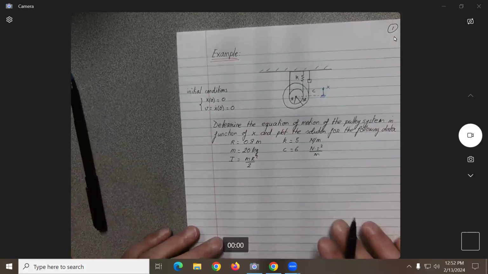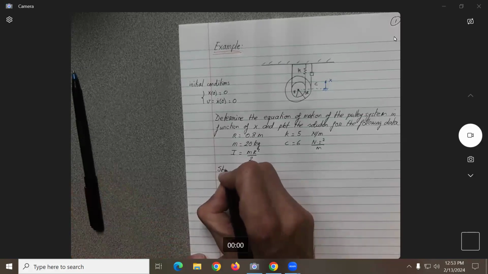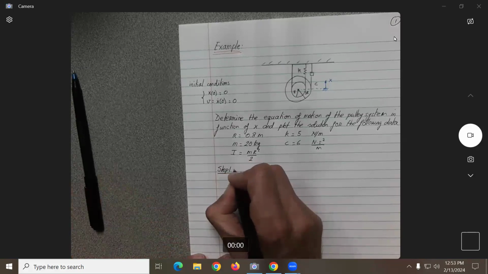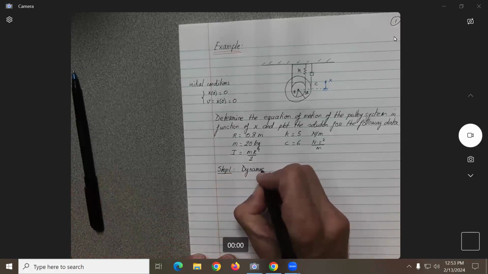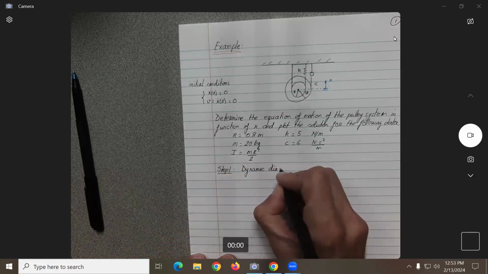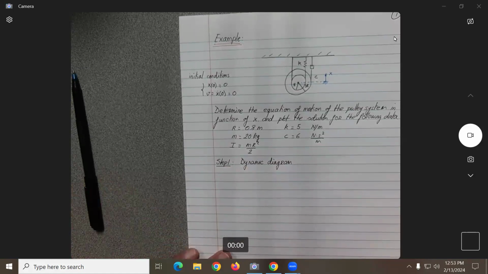Okay, so part one is what? To find the equation of motion, no? So what is the first step? We do the dynamics. And this is, I think, the most difficult part of the whole problem.